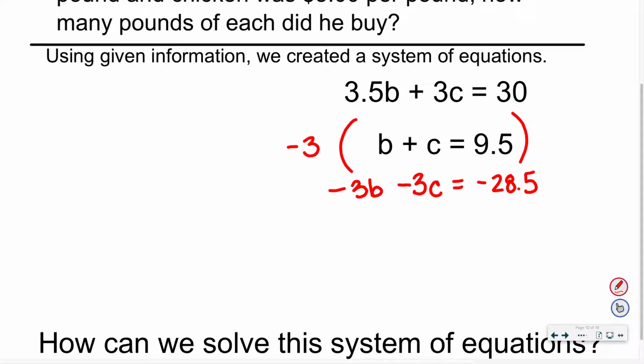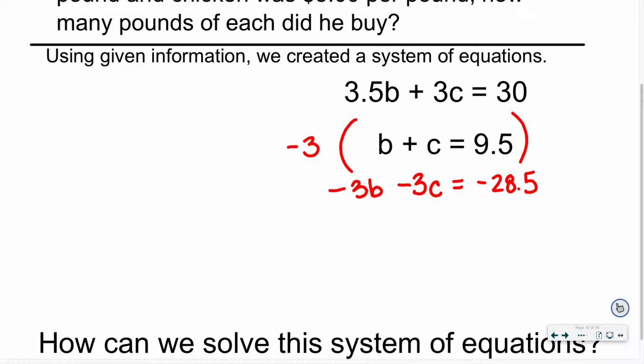Is there a way I can do that multiplication faster in my head? 3 times 9.5, any ideas for doing that a little quicker in our head? Can I do grouping of that multiplication problem?